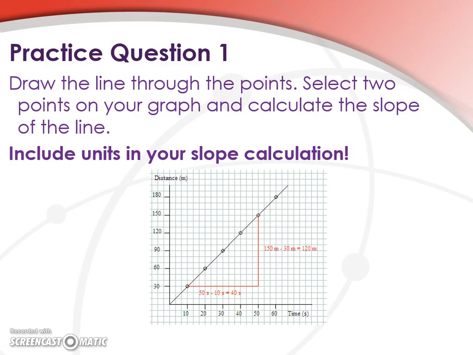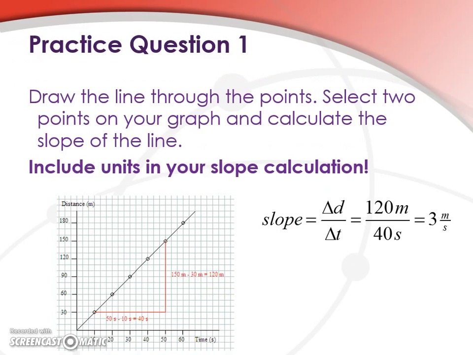And then to calculate the slope, rise over run, of course, is 120 meters over 40 seconds equals 3 meters per second.